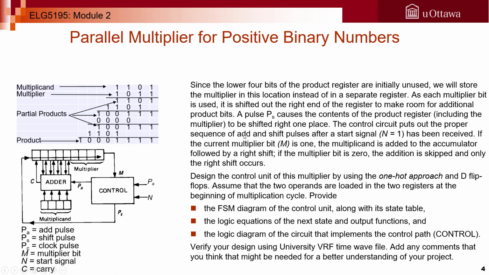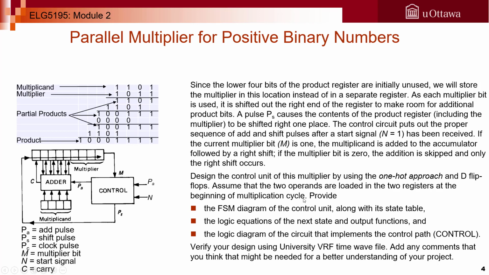So given this problem statement and the design given to you here, I would like you to design the control unit of the multiplier by using the one-hot approach and D flip-flops. As an assumption, you can assume that the 2 operands are loaded in the 2 registers at the beginning of the multiplication cycle.